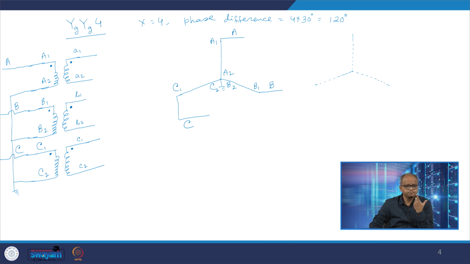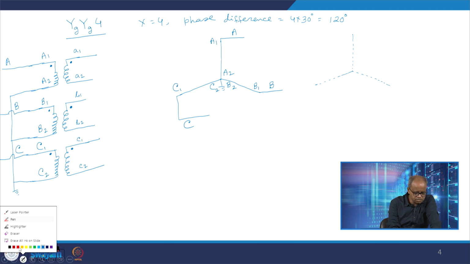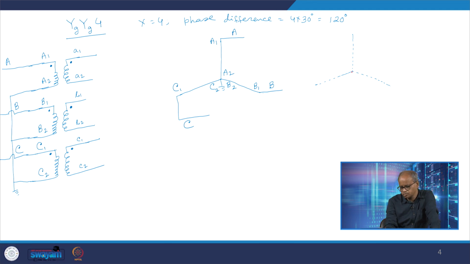So that means the phase A voltage of the secondary side is lagging the phase A voltage of the primary side by 120 degree. So that means my phase, so these would be my phase A.